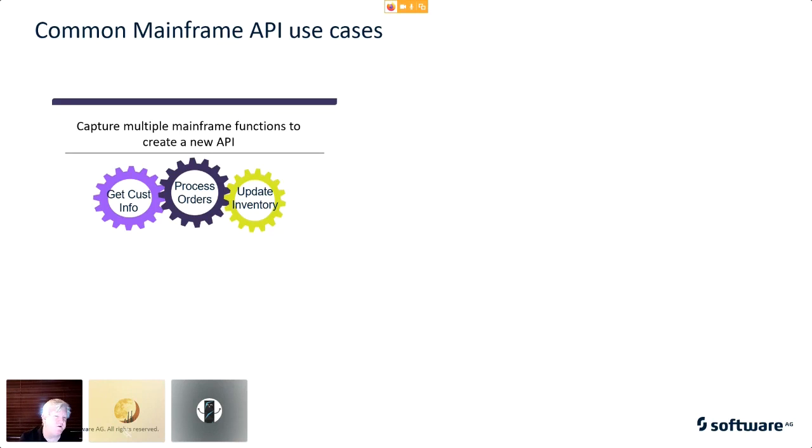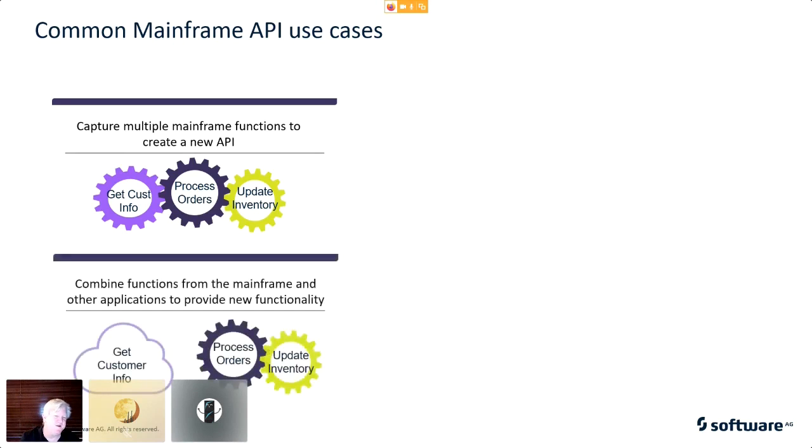So I want to create multiple finely grained services, get customer info, process orders, and update inventory, and be able to publish that out as a single API.